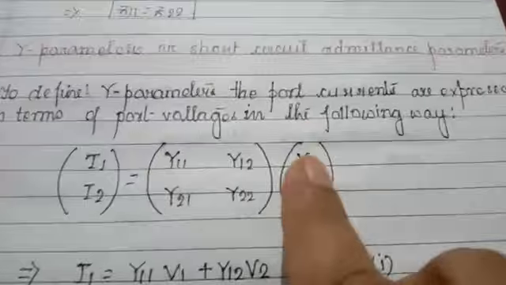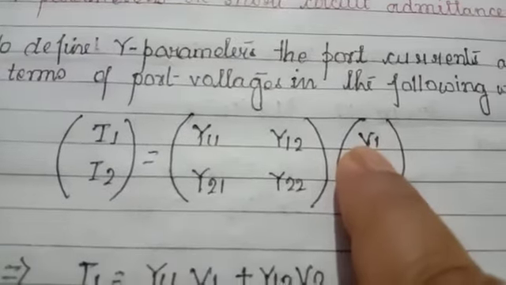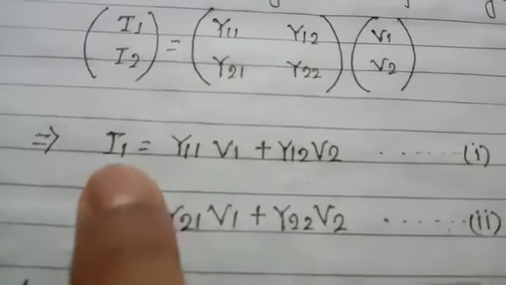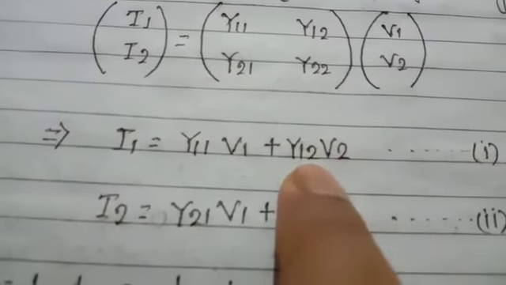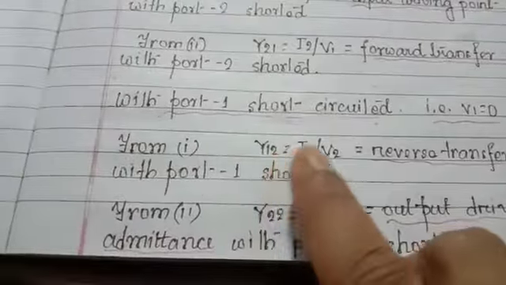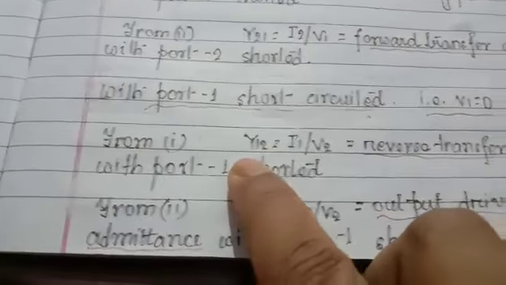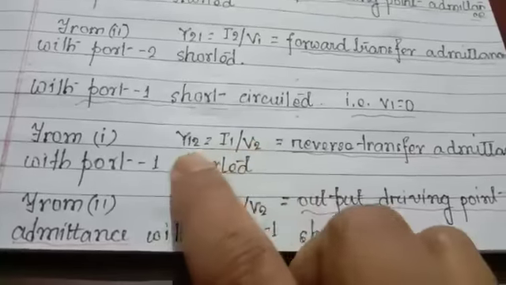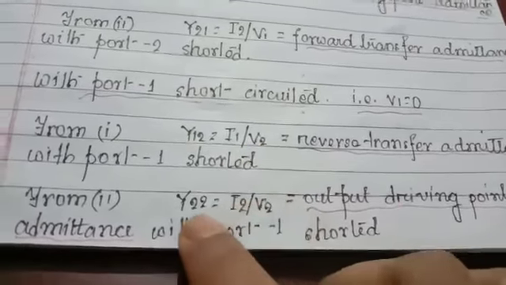Similarly, when port 1 is short circuited, that is when V1 is equal to 0, then I1 by V2 is equal to Y12 and I2 by V2 is equal to Y22. So again this is 1, 2 and this is 2, 2.